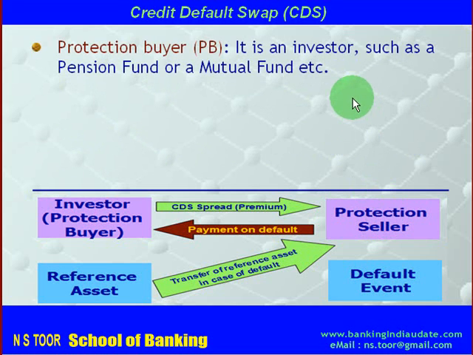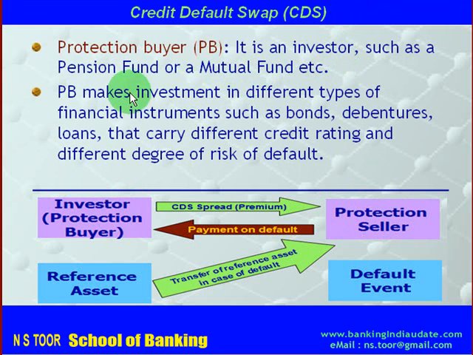Now who is the protection buyer? This protection buyer basically is an investor. This investor may be a pension fund, maybe a mutual fund, or any person. Now he makes investment in different types of financial instruments. What instruments?